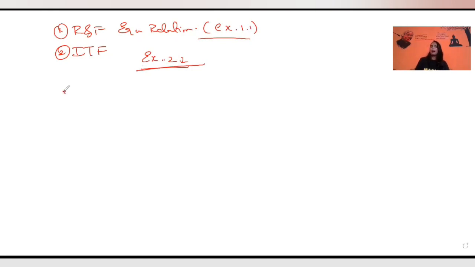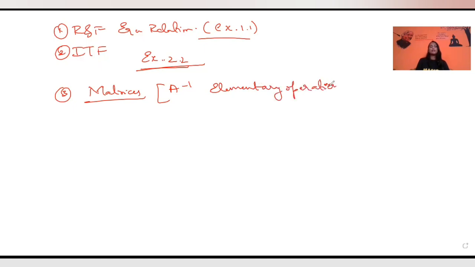Next, from matrices, the 3 marks questions are: one is elementary transformation. They give a matrix and ask you to find the inverse. Of course it will be a 2 cross 2 matrix, not 3 cross 3, because that is going to be very lengthy. So on a 2 cross 2 matrix, they ask you to find the inverse of that matrix using the elementary operation.